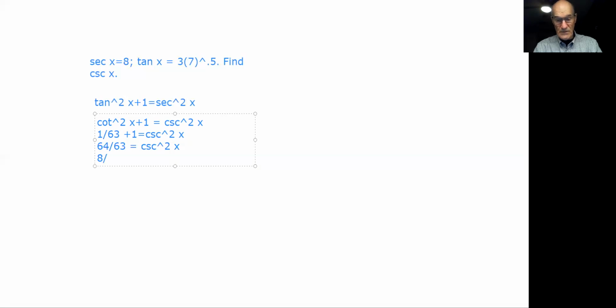The square root of 63 is 3 square root of 7. Okay, so where'd I go here? I went 3, 8 divided by 3, get my 7.